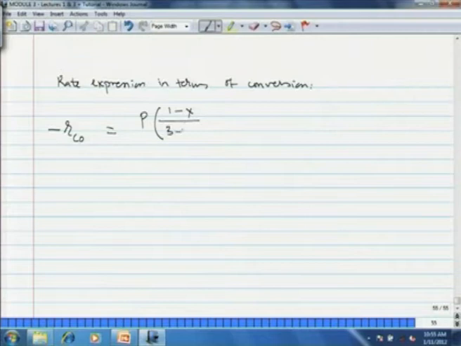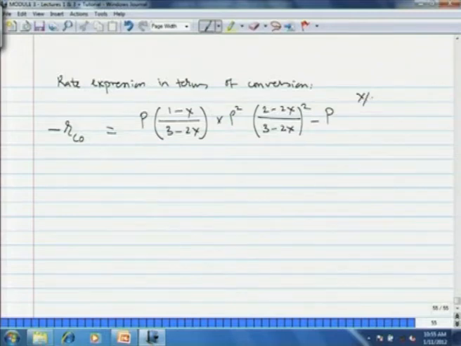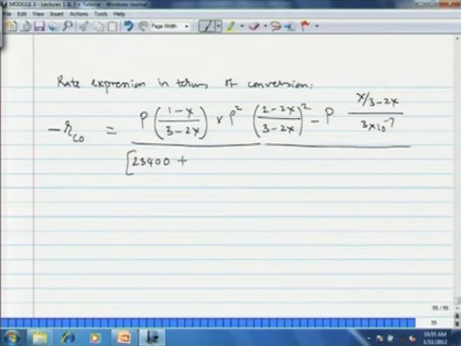Carbon monoxide (1 minus x) divided by (3 minus 2x) into hydrogen fugacity, P squared total pressure squared (3 minus 2x) squared, minus the equilibrium x divided by (3 minus 2x) divided by the equilibrium constant 3 into 10 to the power minus 7, and the whole expression divided by the constant A plus B into PCO, fugacity of CO, plus 47 into fugacity of hydrogen, and the whole thing squared.